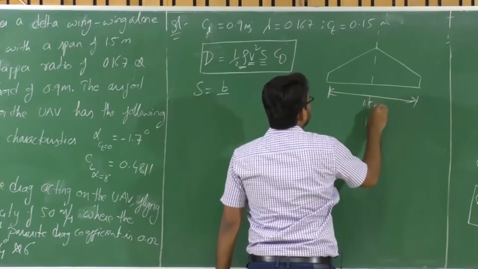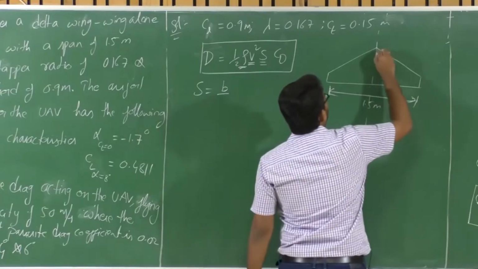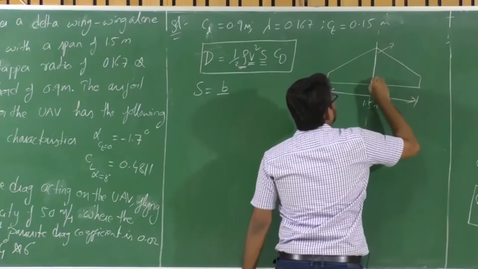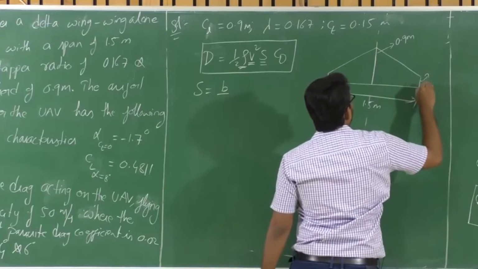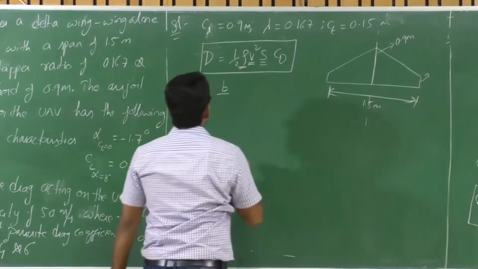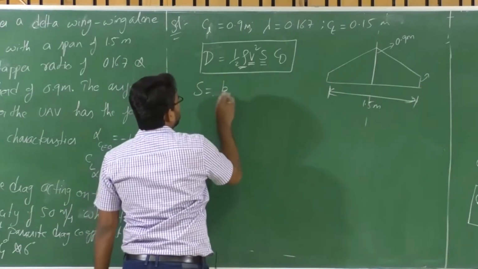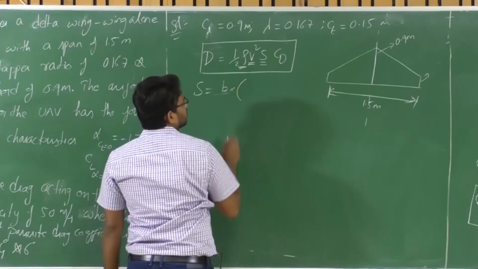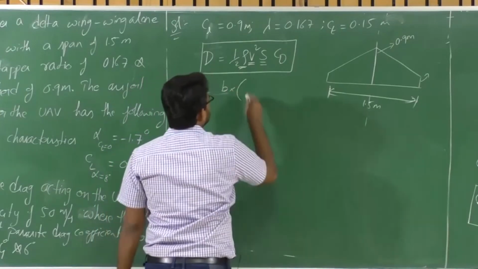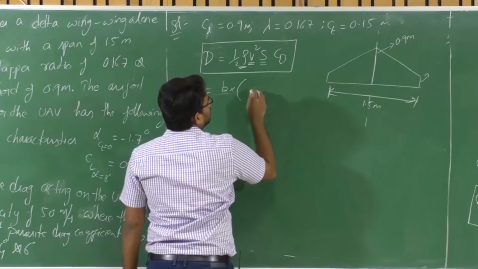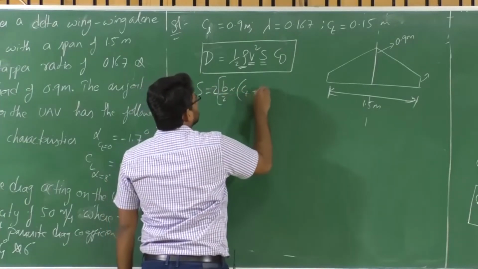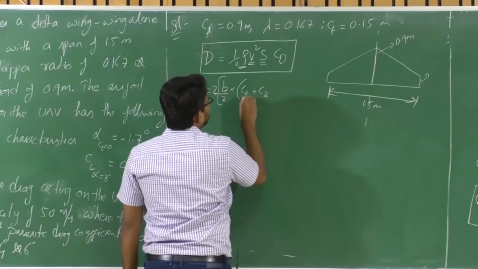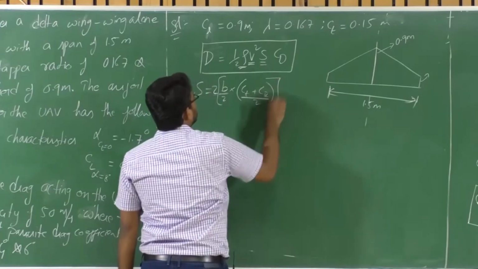The span is about 1.5 meters, and the root chord CR is 0.9 meters, and CT you now have.